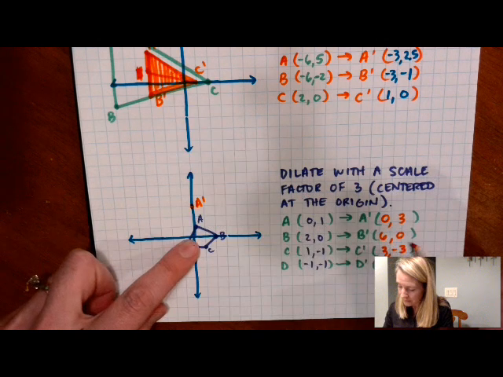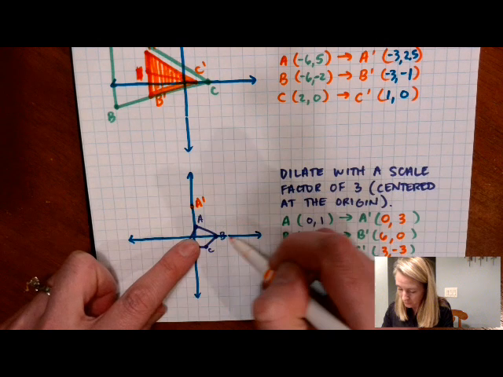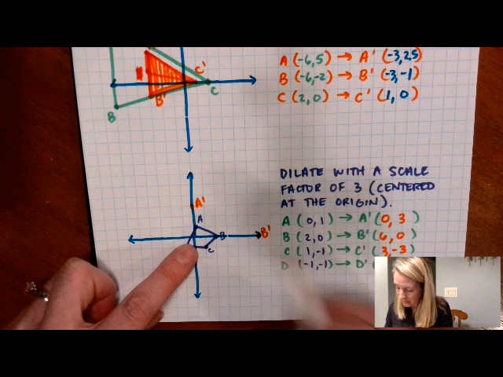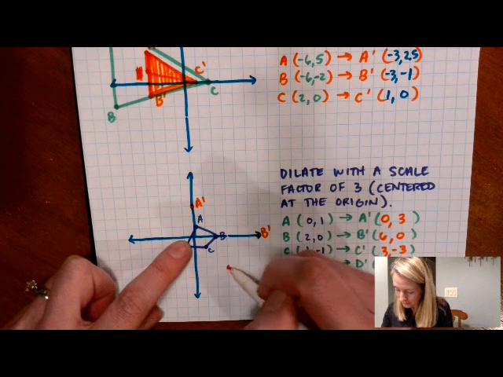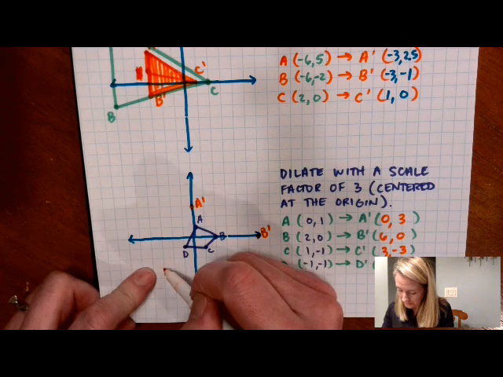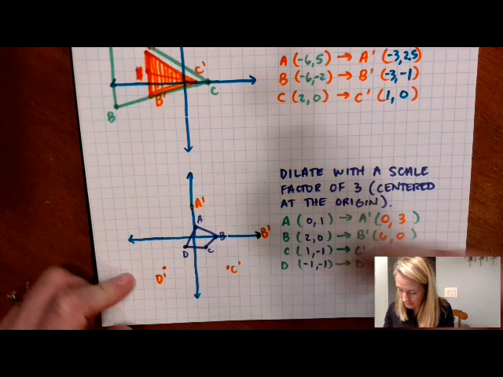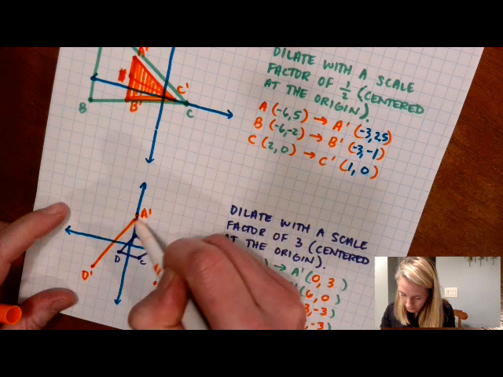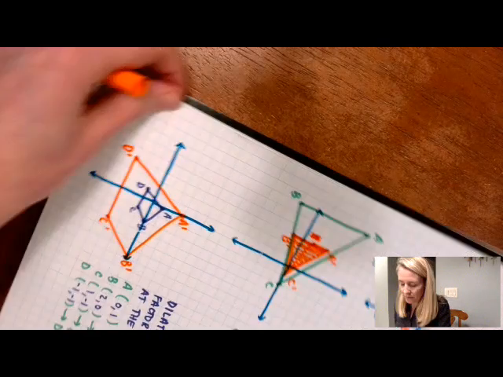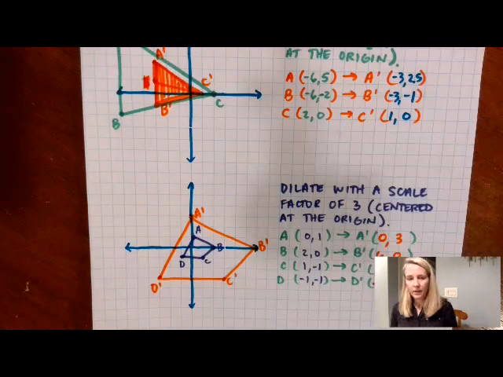B prime is (6, 0). C prime is (3, -3). And D prime is (-3, -3). And I'm going to connect those points. And there's my new shape.